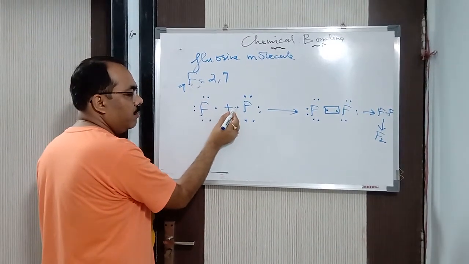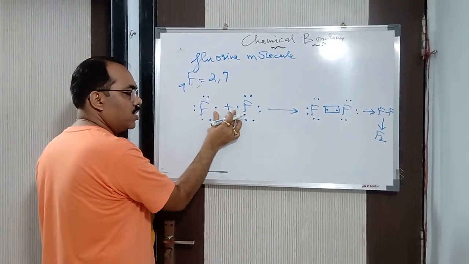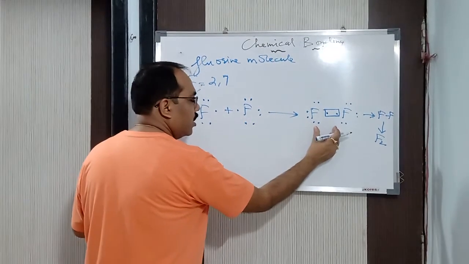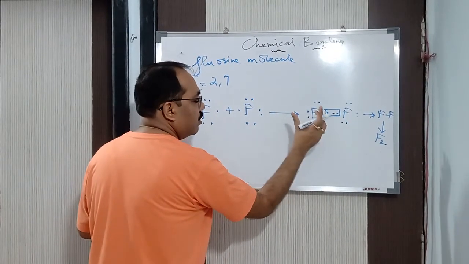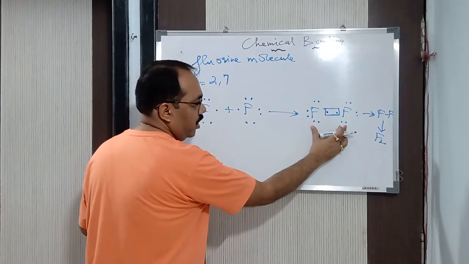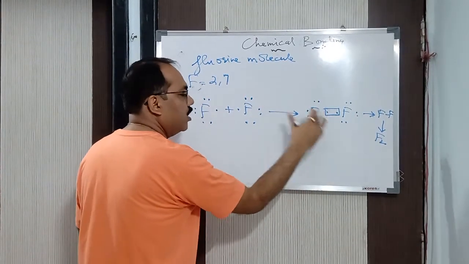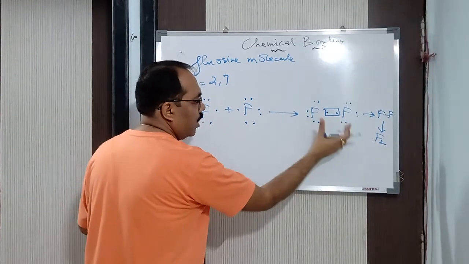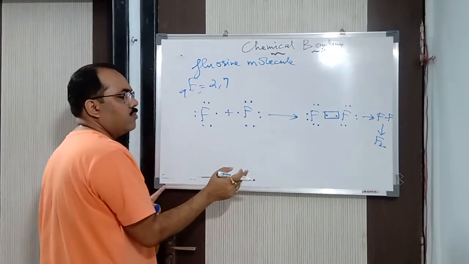I have kept the unpaired electrons near each other because they will come closer to each other, as both have low or high electron affinity, whichever it is. Basically, a covalent bond is formed between non-metals.